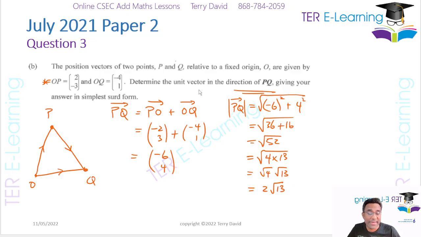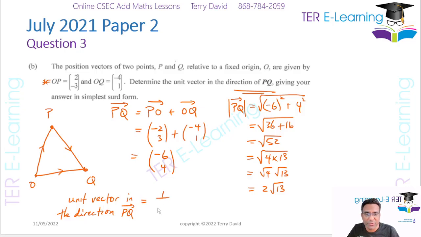Now we want to find a unit vector in the direction PQ. All we need to do is take whatever the vector PQ is, and we're going to divide it by 2 root 13.